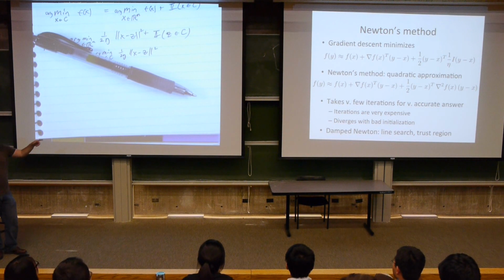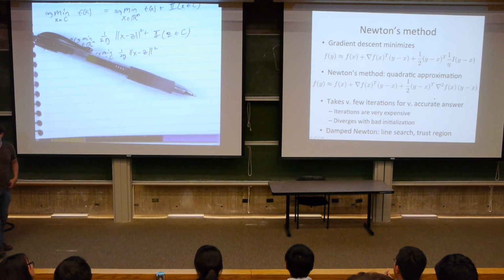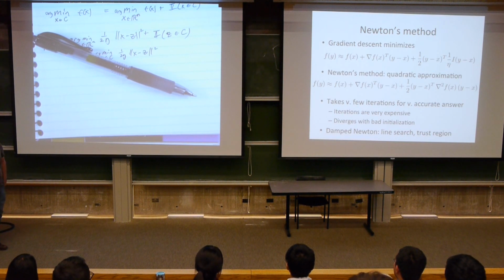But if you're using Newton's method, you have to keep track of a p by p matrix here, and to minimize this function, you have to invert it. So inverting a matrix or solving linear systems of a p by p matrix is about p cubed, which gets really expensive really fast. So you can't really afford Newton's method in high dimensions.